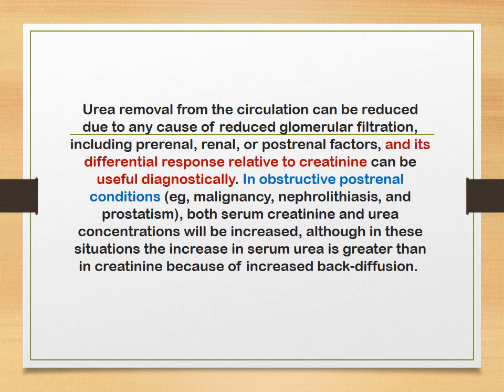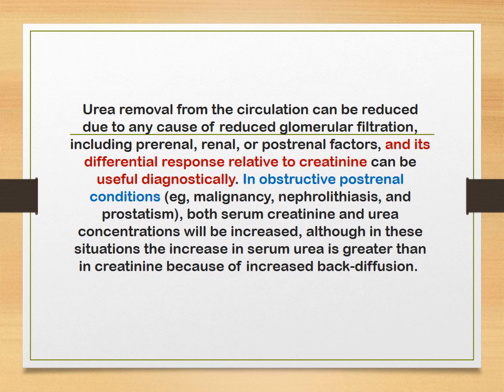All this will lead to what? Outflow obstruction of the urine and result in an increase of urea and creatinine. Workers indicated that urea will be increased much more than creatinine, so the ratio of urea to creatinine will be high.